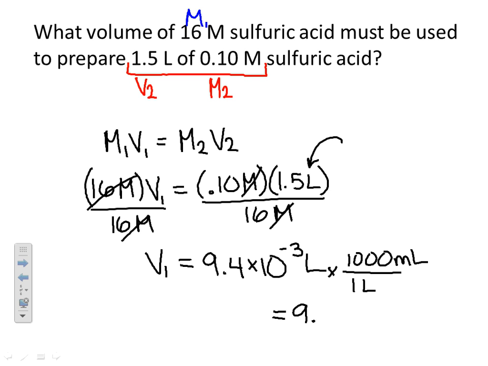So we could also say 9.4 milliliters of 16 molar sulfuric. So we would take 9.4 milliliters of 16 molar sulfuric acid and put that in a volumetric flask, and then we would fill the flask up to the 1.5 liter mark to create our new solution.